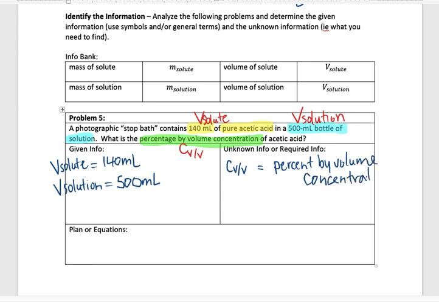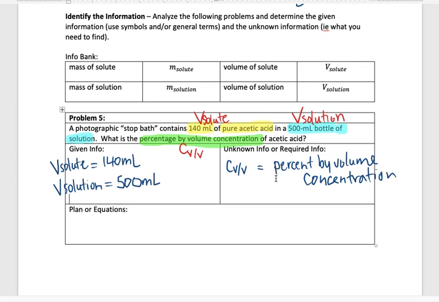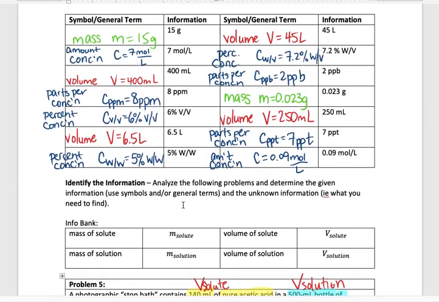Once you find all those items, I want you to come up with a plan going forward. We need to find the concentration, and we have this information here. What kind of equation can we use? Sometimes it's more than one equation. Going back up here, we have volume, and we need a concentration.